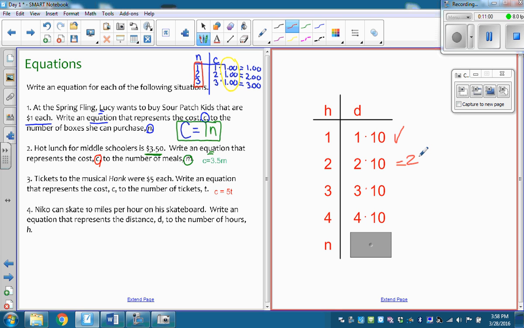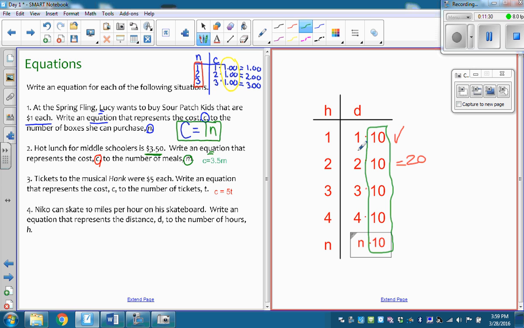And if you skate for 3 hours, you would do 30 miles, 4 hours, 40 miles. So if you did n hours, you would have to do n times 10 miles. And so when you look at this, again, the 10 is in every single one of these. And so 10 has to be in our final equation.